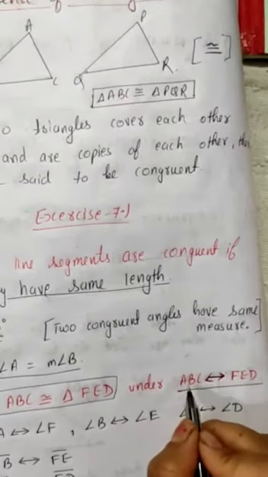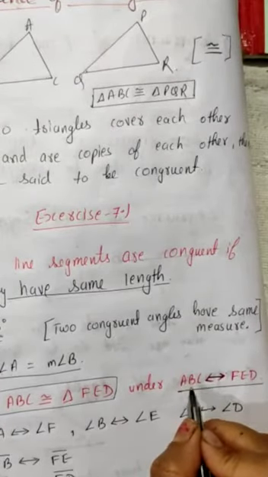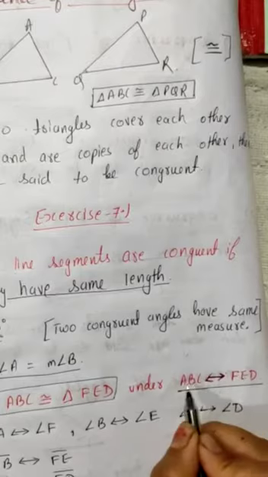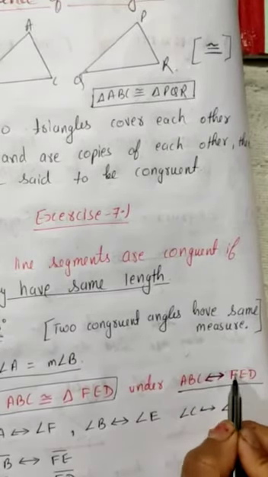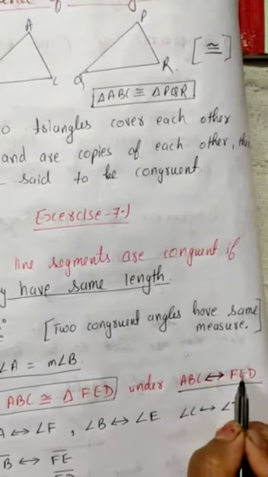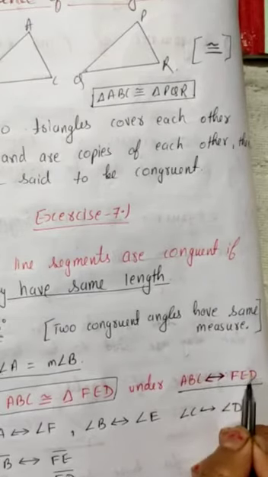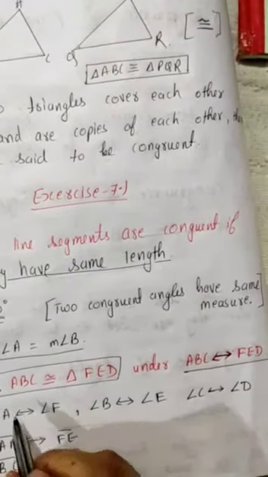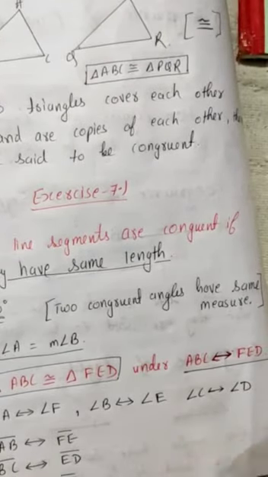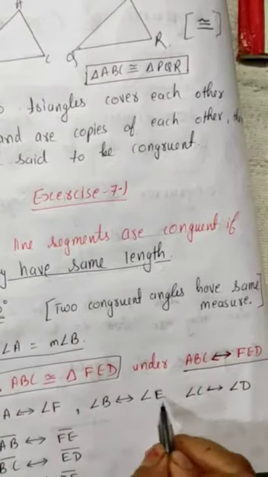That means each and every part will be equal to each and every part of the other triangle in this order. A के साथ आप compare करोगे F को, with B you will compare E, and with C you will compare D. So you have to write all the corresponding congruent parts. You know triangle में 2 parts होते हैं, one is side and one is angle. These are the angles I'm writing first.